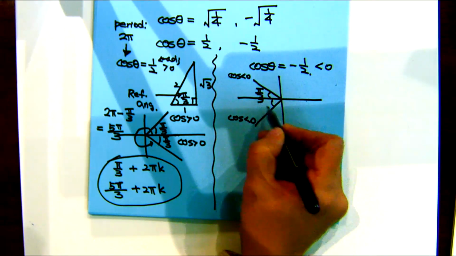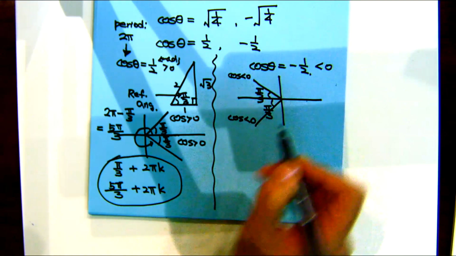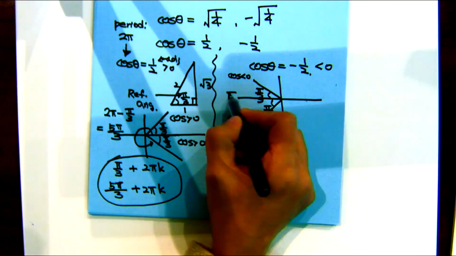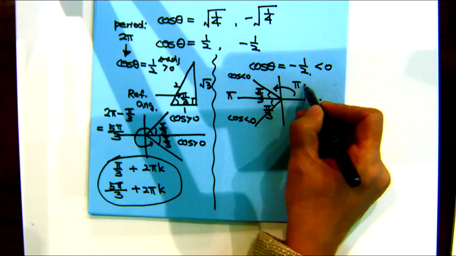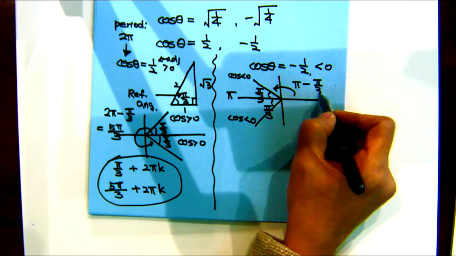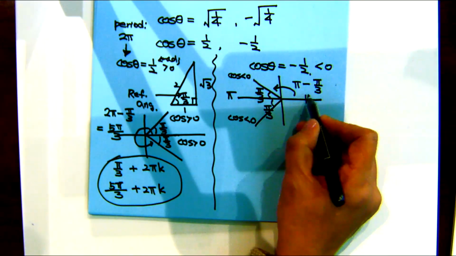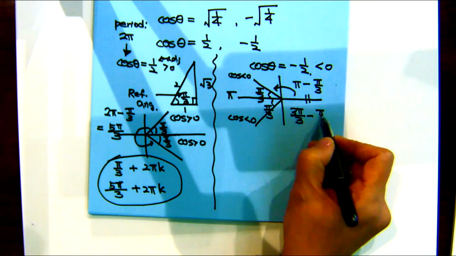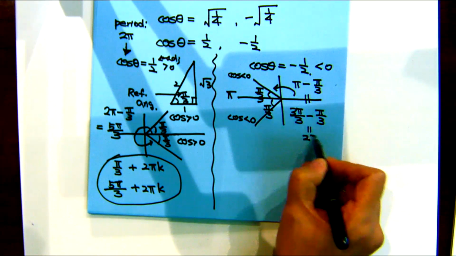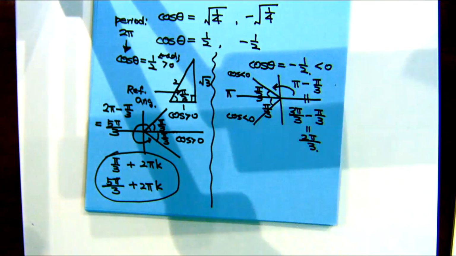This is pi over 3, pi over 3. So for this part, that is pi minus pi over 3. So that is 3 pi over 3 minus pi over 3, which is 2 pi over 3, right?